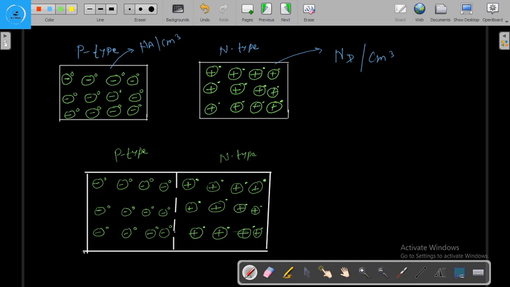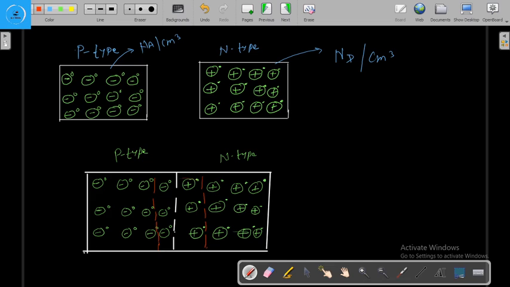So when we look near the contact of these two semiconductors, we will find that when the electron comes from the n type to the p type, and the hole comes from the p type toward the n type, electron-hole recombination happens near the junction.